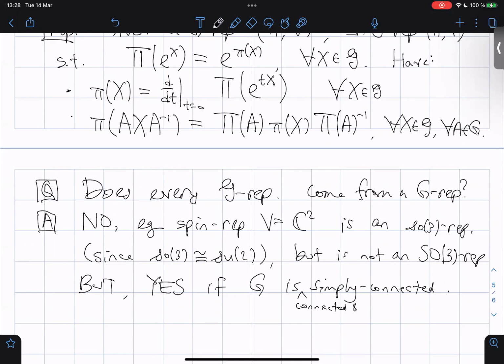If you have a Lie algebra representation, there will be a representation of the corresponding simply connected Lie group.